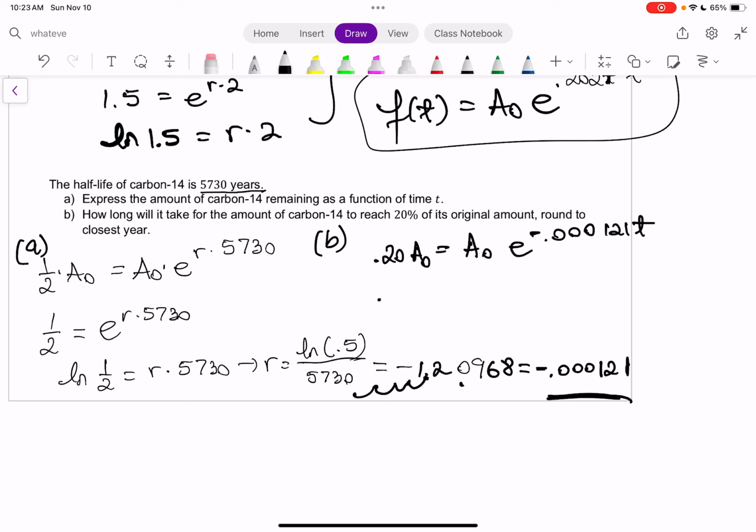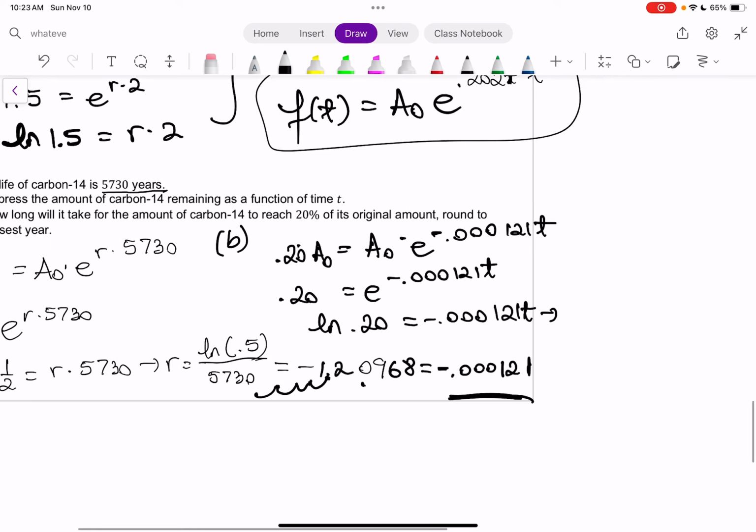So 0.20 equals e to the negative 0.000121 t. Again, divide both sides by this initial amount, log both sides with a natural log, and then divide by this value.